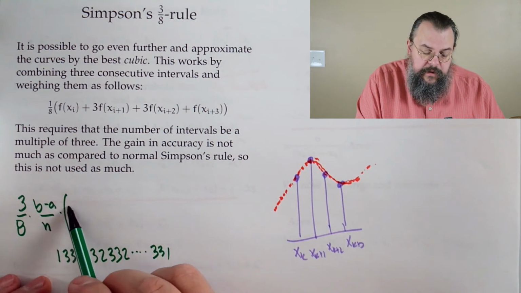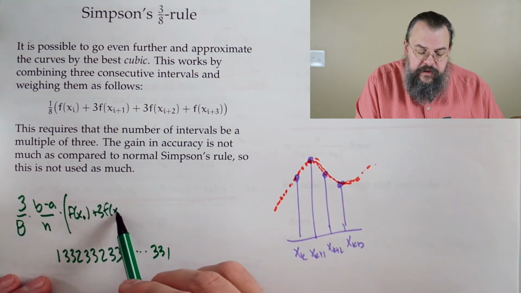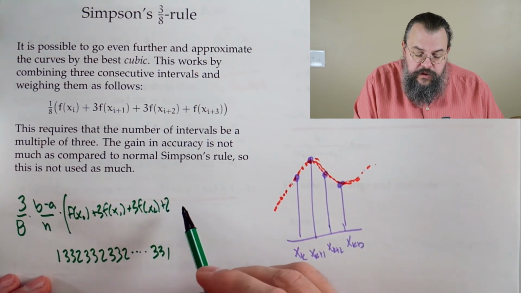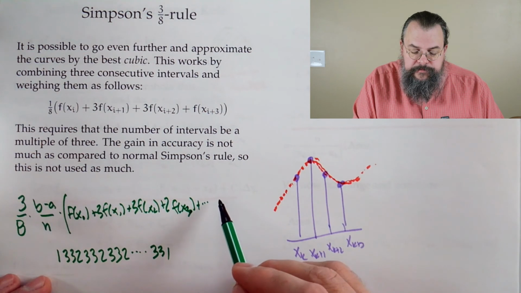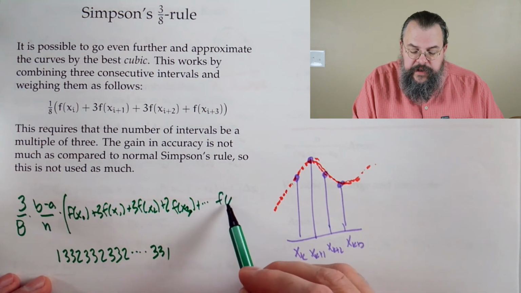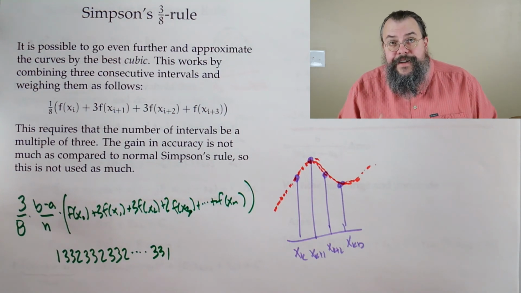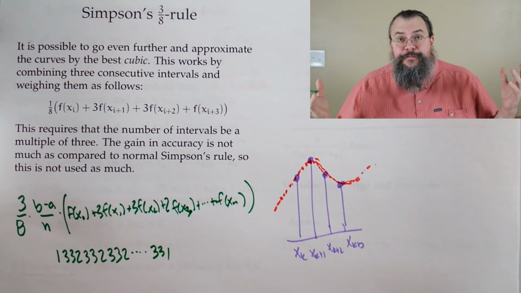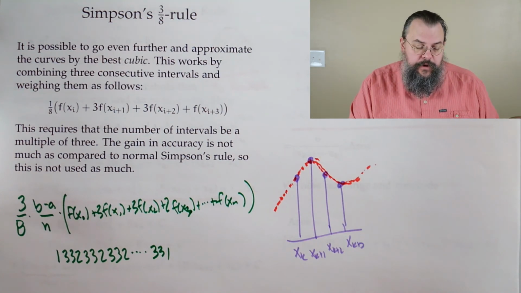So it's a little bit harder to remember: f of x0 plus 3f of x1 plus 3f of x2 plus 2f of x3, and so forth, and at the very end, you have an f of xn. Notice that in this case, n has to be a multiple of 3. And you can keep going. You can get more and more information, and you can fit more and more data.